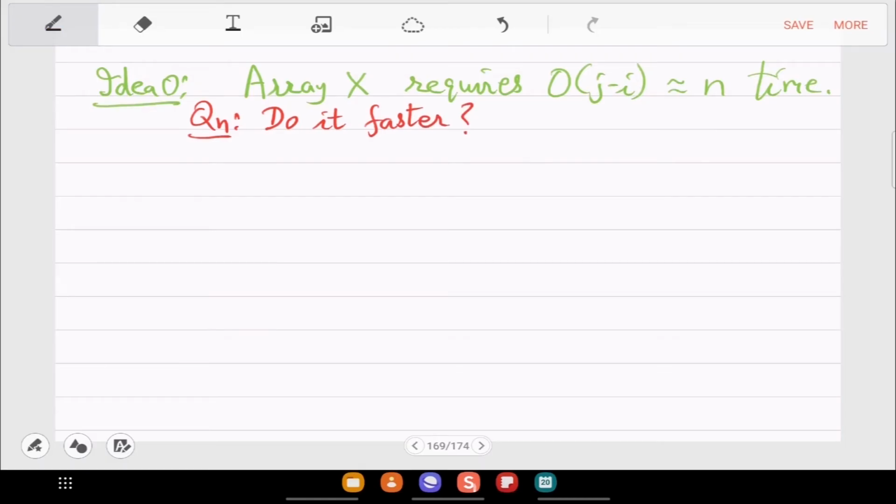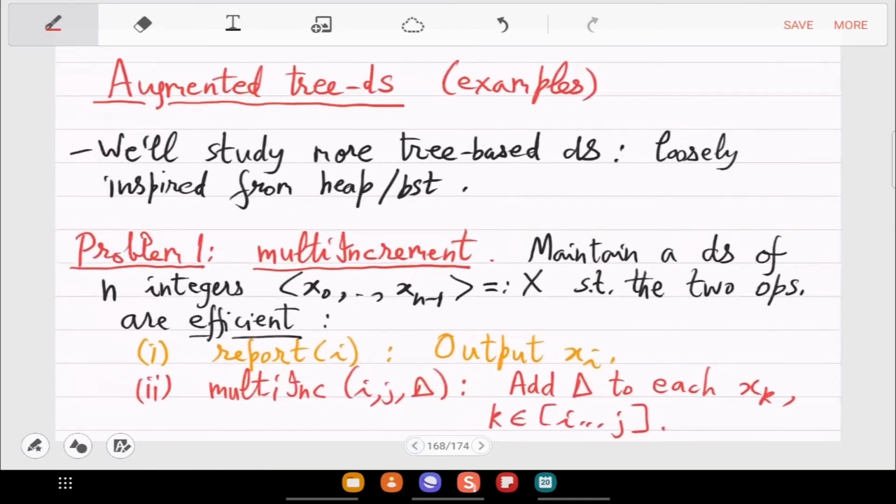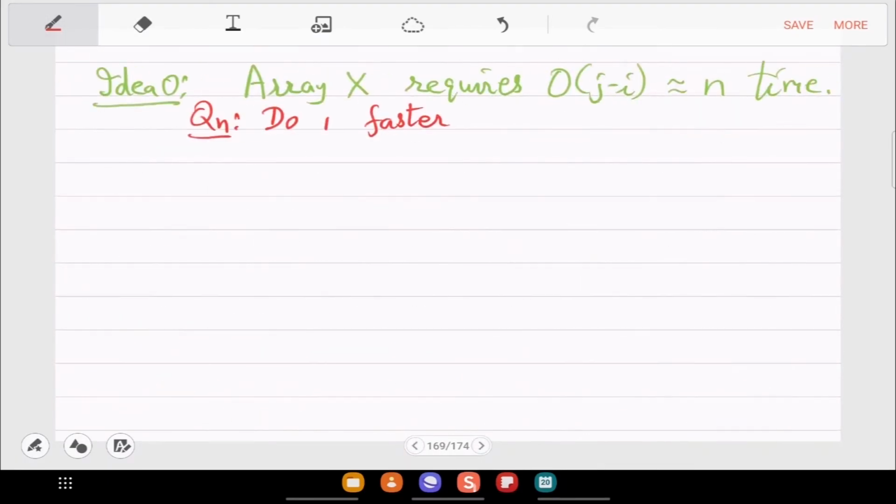So in fact, when you want to do this faster, then obviously reporting will become slower, because you will not be working with an array. So you cannot report xi in constant time. So essentially there is a trade-off. You want to do this number 2 faster at the cost of 1.